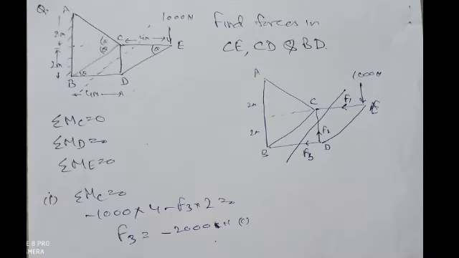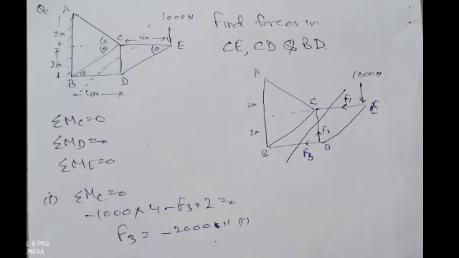I have taken a cantilever truss. 1000 kilonewton force is acting at point T. You have to find out forces in members CE, CD and BD. Whenever we have a cantilever truss, we need not determine the value of reactions.